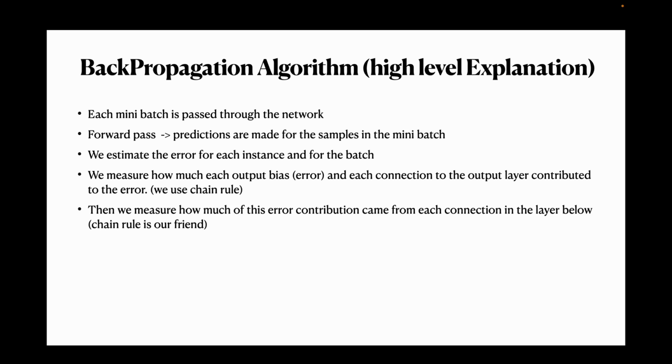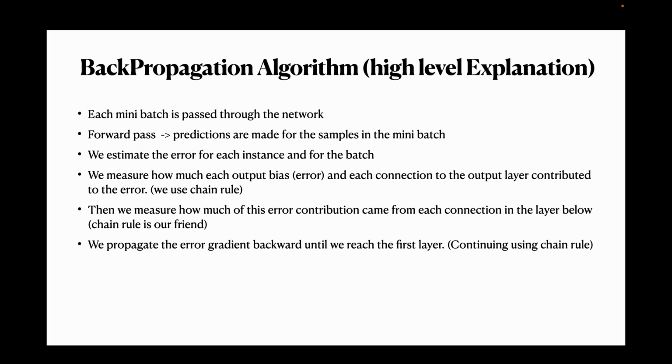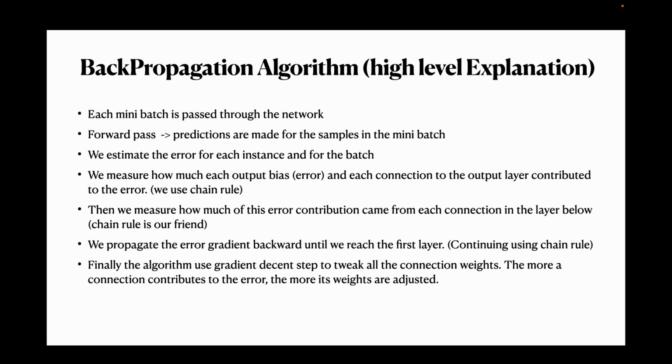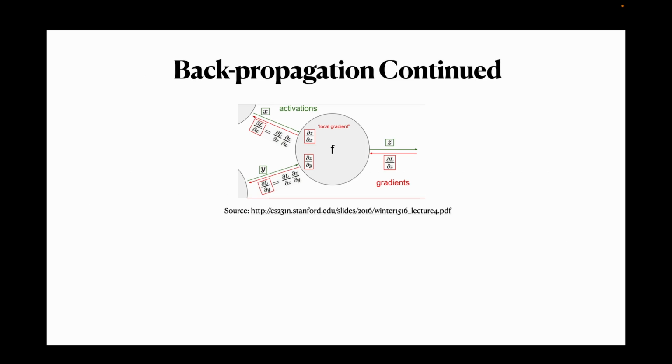Then when we compute this contribution using our chain rules, we propagate the error gradients backward. As you saw, using the chain rule, we were multiplying a lot of partial derivatives. And then using gradient descent, remember we used eta, which was the learning rate, we update the weights.